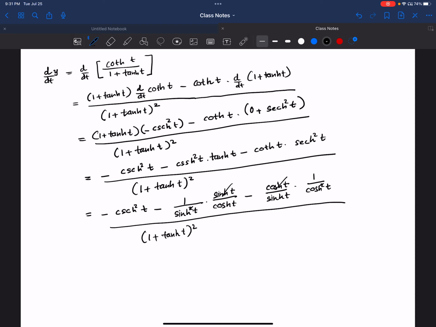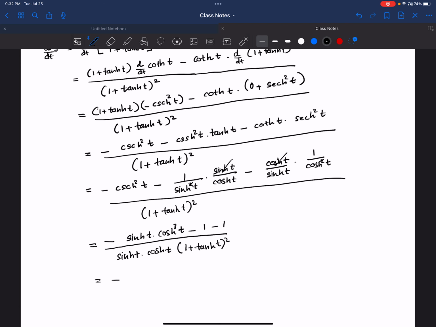And by taking the common denominator, sinh t times cos t, what you can do is negative sinh t times cos cube t minus 1, divided by sinh t times cos t times 1 plus tan t squared.